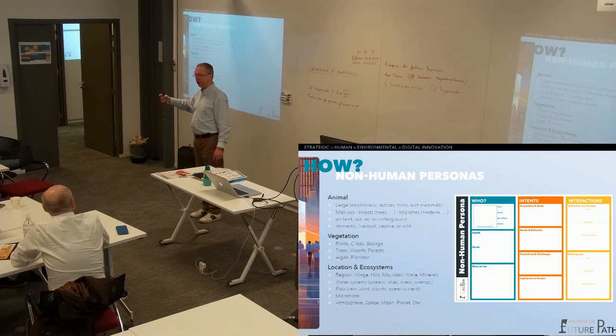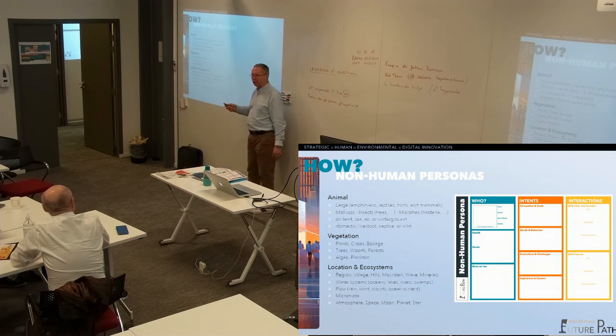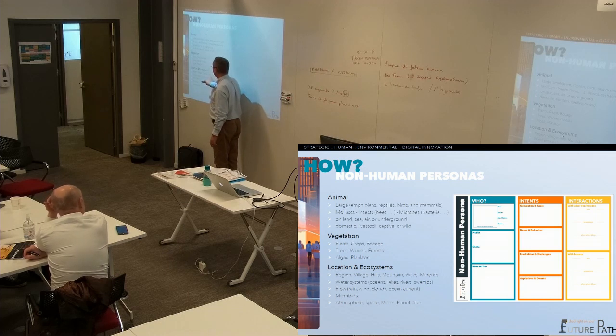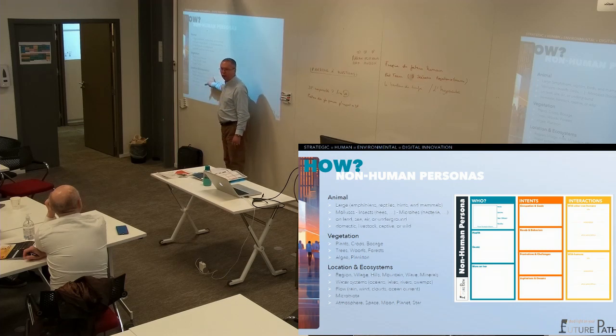This is really incredible, what you could think of. Obviously, if you work on a new app for cycling, maybe your first choice of non-human persona won't be the wave. Maybe it's going to be another one, like the animals you see in the countryside, to avoid crashing into them.